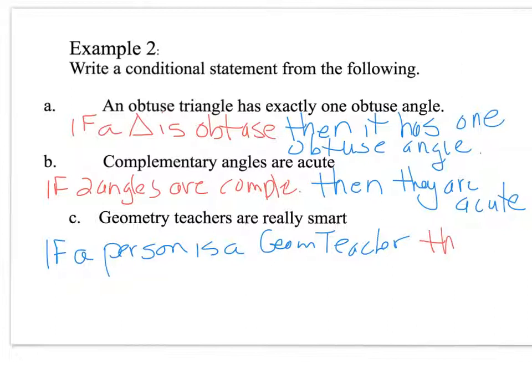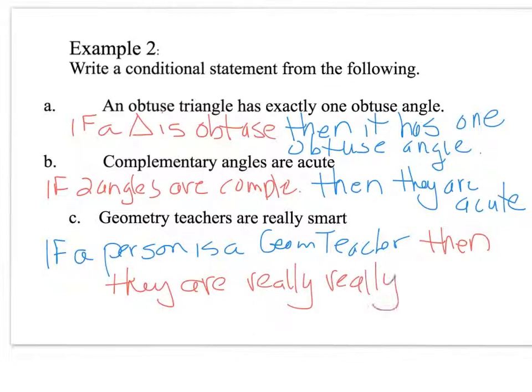Then they are really, really, really smart. I kind of added on some extra really's. Sorry about the switcheroo, but this is this part. The if part is the hypothesis. The then part is the conclusion.